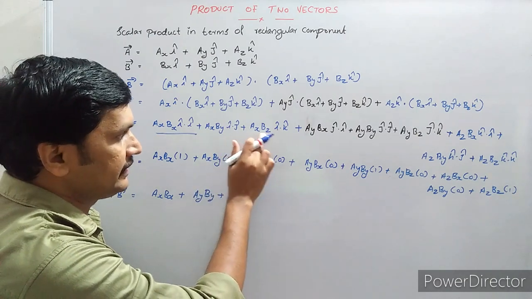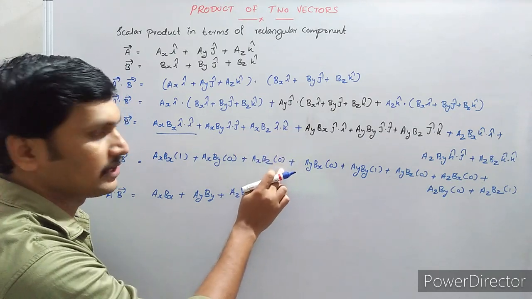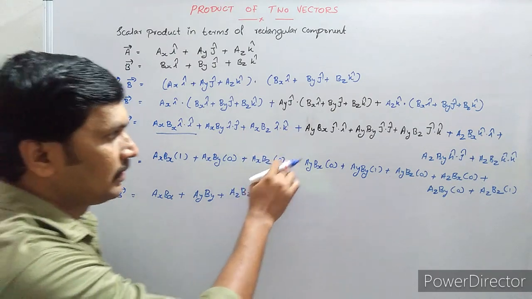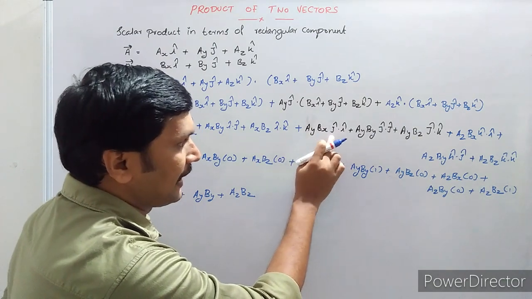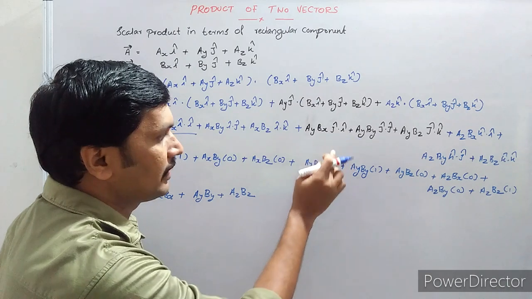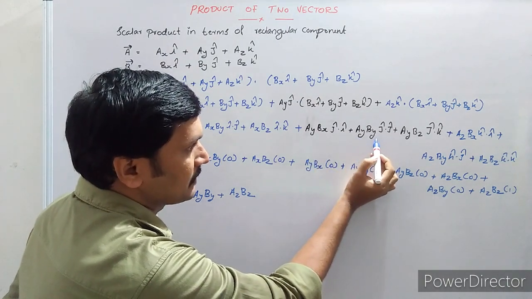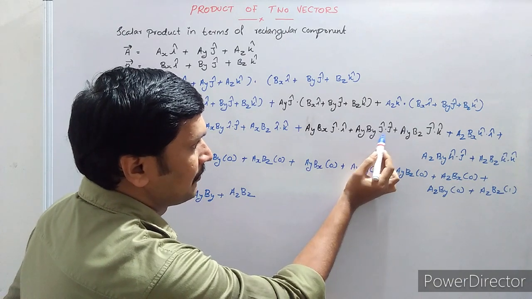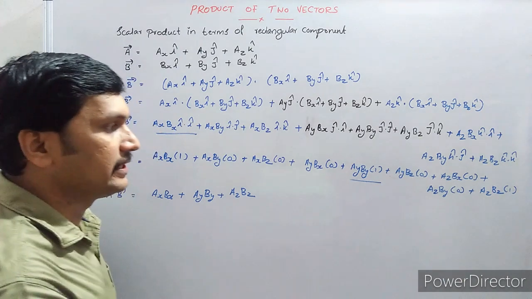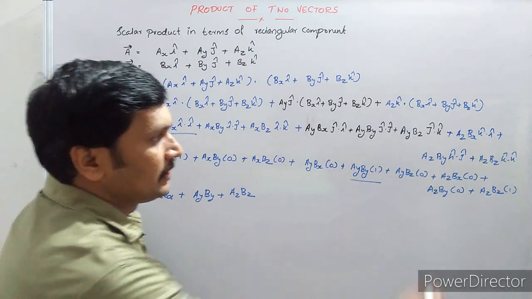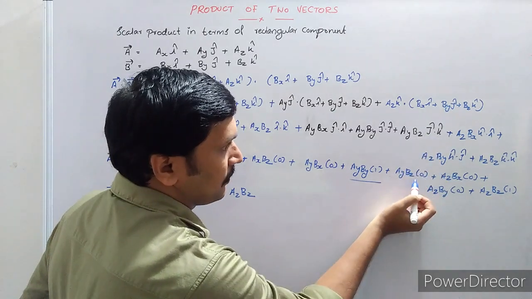Third term Ax into Bz I dot k, but I dot k is equal to 0. Now Ay Bx j dot I. What is j dot I? That's equal to 0. Ay into By j dot j, but you know j dot j equal to 1. That's why this term is there, Ay into By. Ay into Bz j dot k comes to 0.